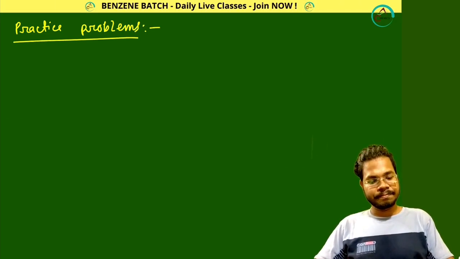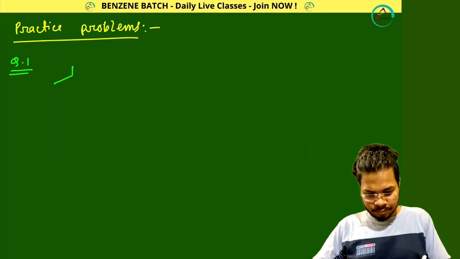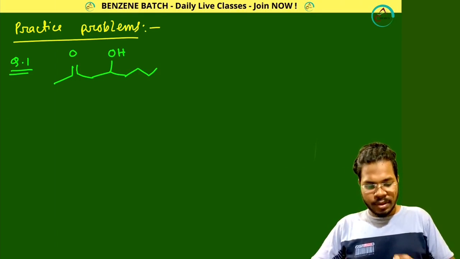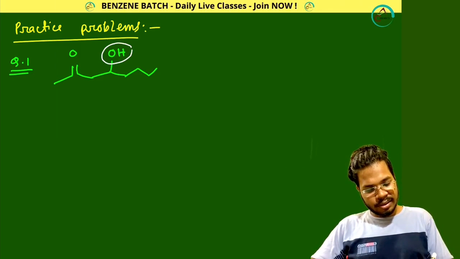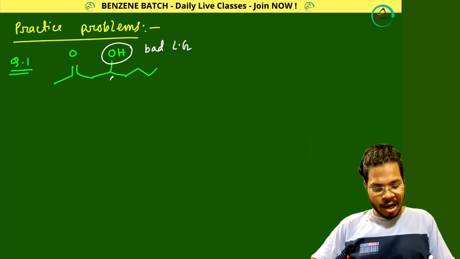Practice problems. Problem number 1. Here, what is the leaving group? Look at this OH. This OH group is a leaving group, but it's a bad leaving group. This is my alpha carbon, this is my beta carbon. The beta carbon has a hydrogen that is very acidic.